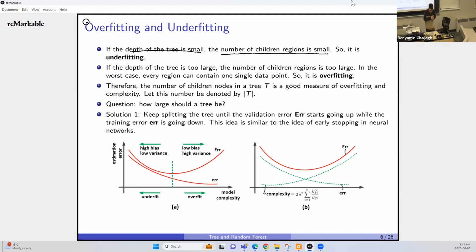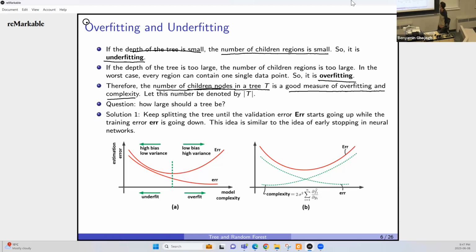And it means that the more depth we have, the more children we have, the more complex the model is, the more overfitted it is. If it is too small, it is underfitting. If it is too big, too deep, it's overfitting. Therefore, the number of children nodes in a tree T, denoted by |T|, is a good measure of overfitting and complexity.